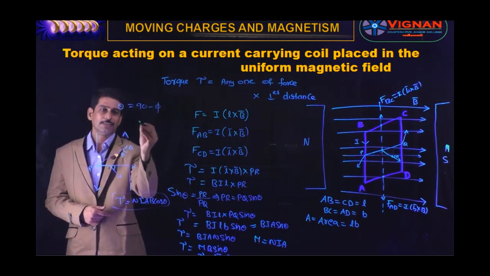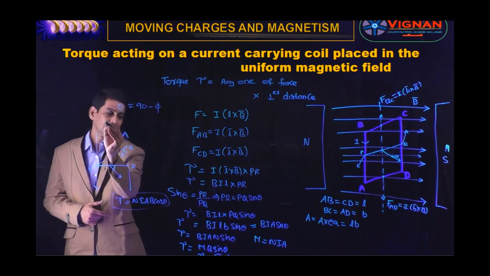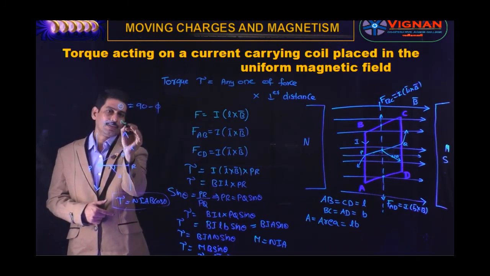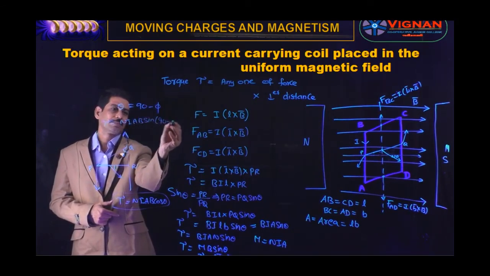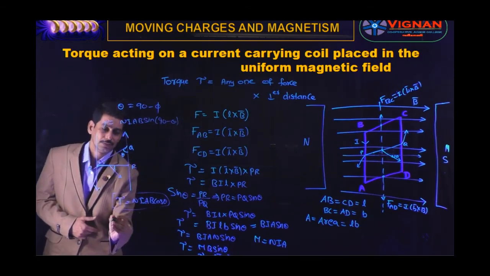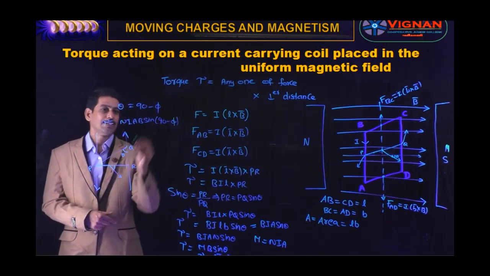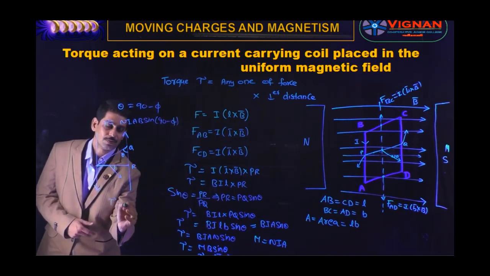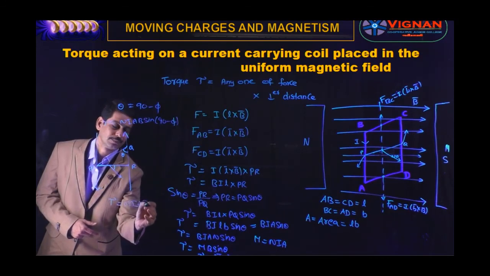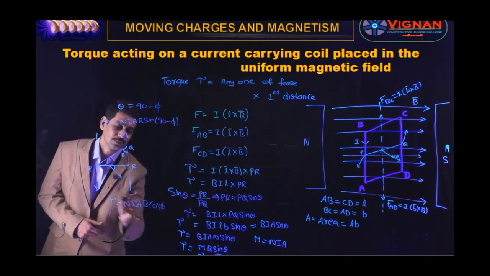So then we get torque tau is equal to NIAB sin(90 minus phi). So I get torque tau is equal to NIAB cos phi. So this is the expression for torque.